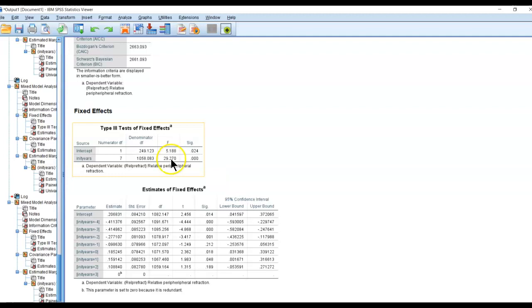and if the null hypothesis were true, then this is the probability of finding an F of 29.27, given the null hypothesis is true. If the null hypothesis were true and we got the exact number for the null hypothesis, this value would be 1.